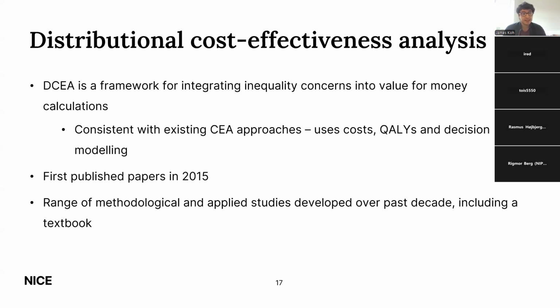The first papers were published more than a decade ago, and quite a lot of methodological and applied studies have been produced over the years. Nowadays in the health economic journals, there are usually maybe one or two distributional cost effectiveness papers a month. It's becoming more common to see them around.